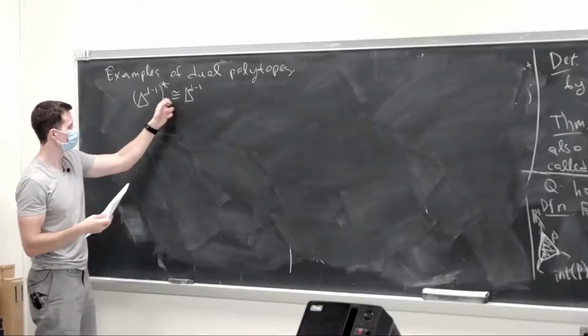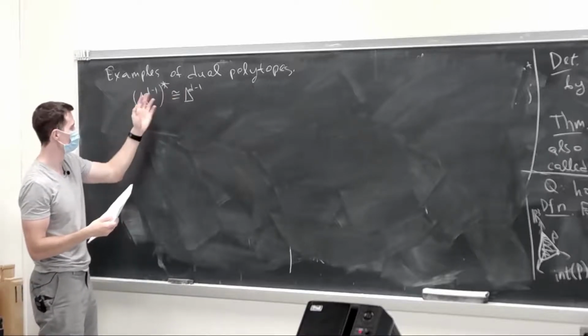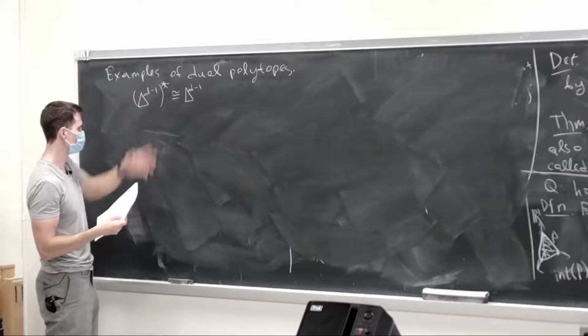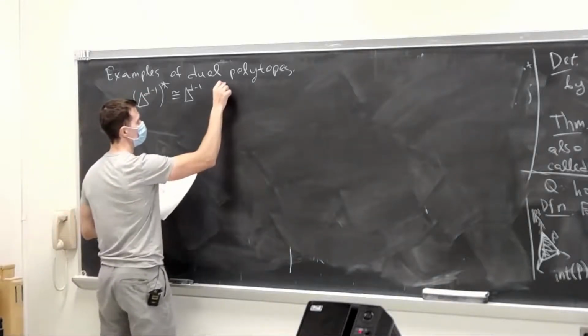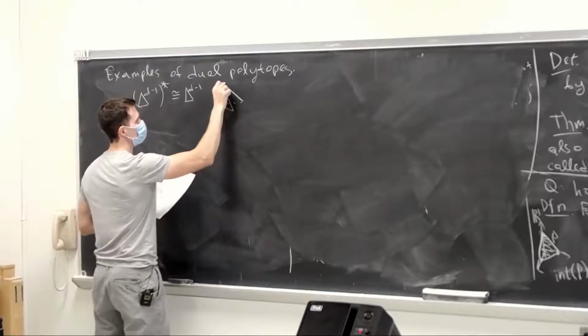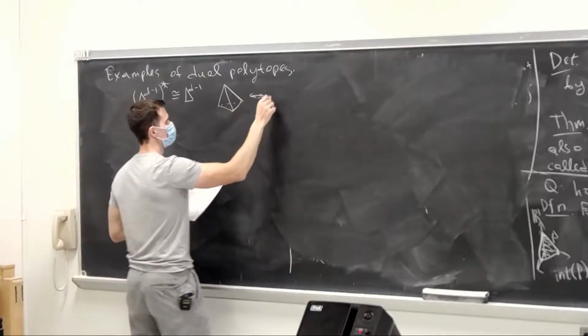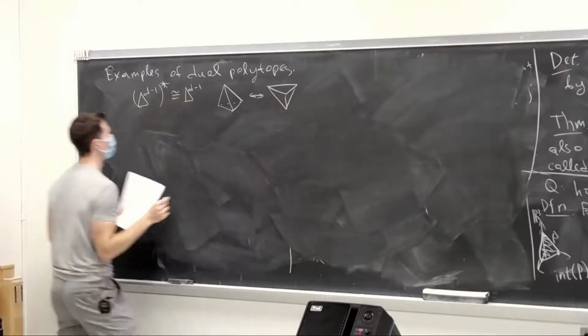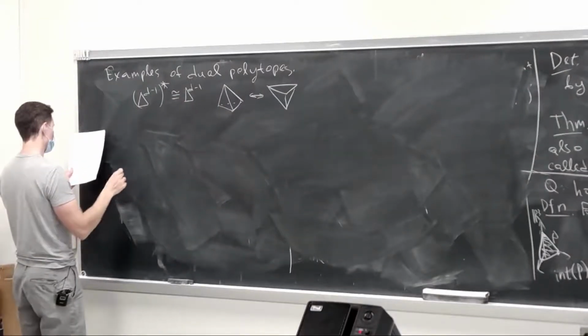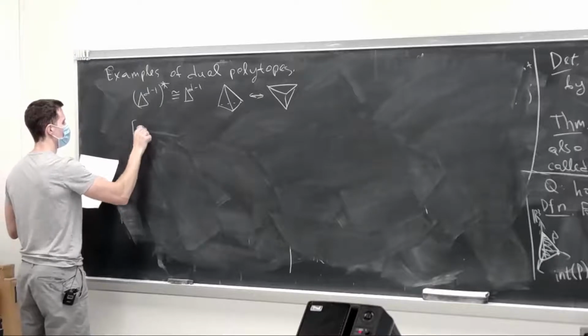So you can't really talk about affine equivalence, even though if you shift the origin, these are going to be affinely equivalent. Anyway, the picture here is a tetrahedron corresponds to the upside down tetrahedron.